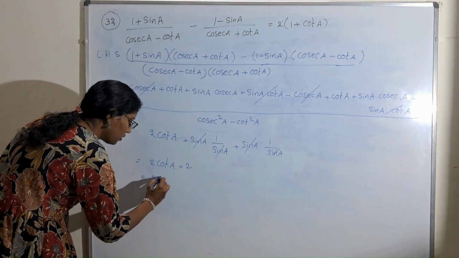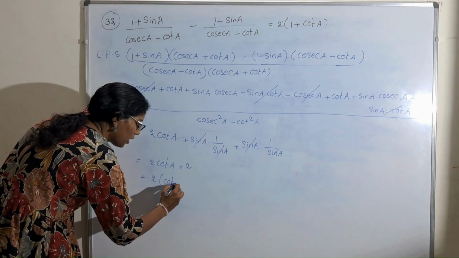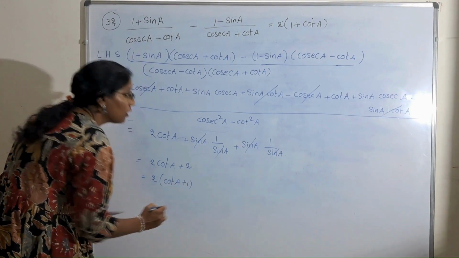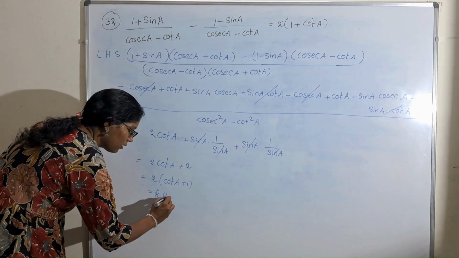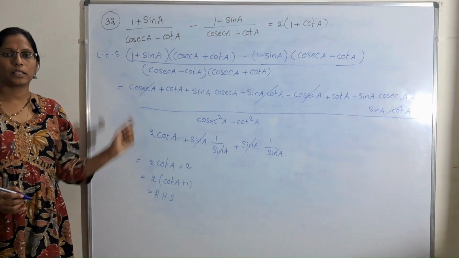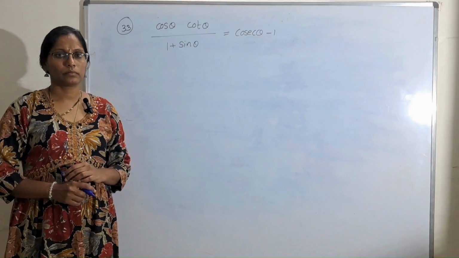What is the common here? 2 is the common, cot A plus 1. This is our RHS. Therefore, LHS is equal to RHS.